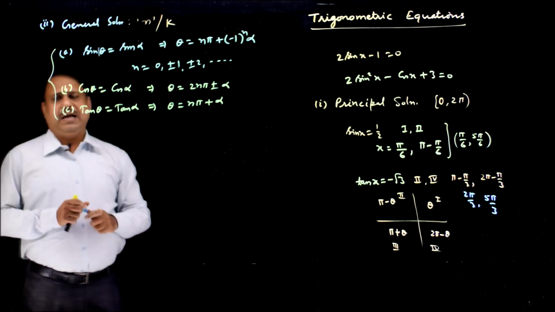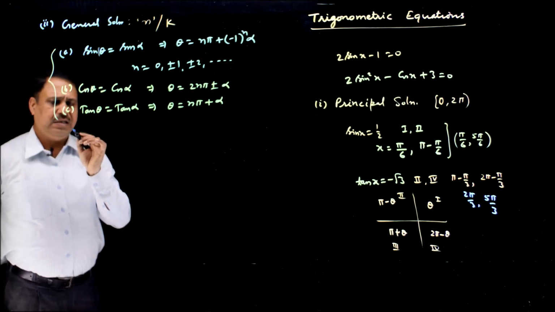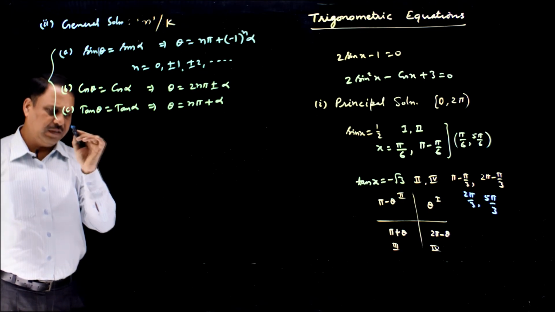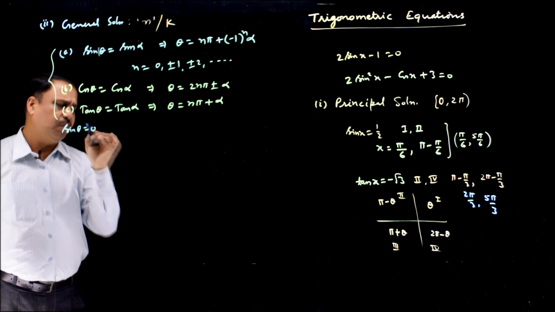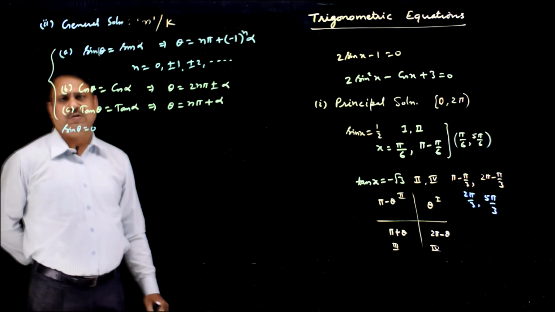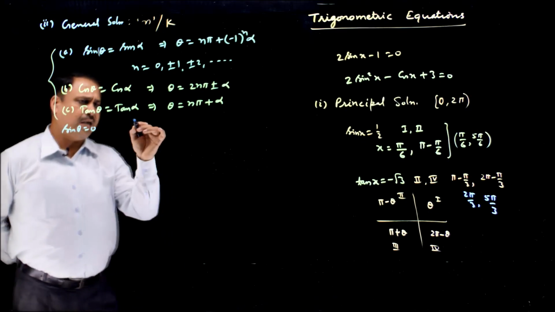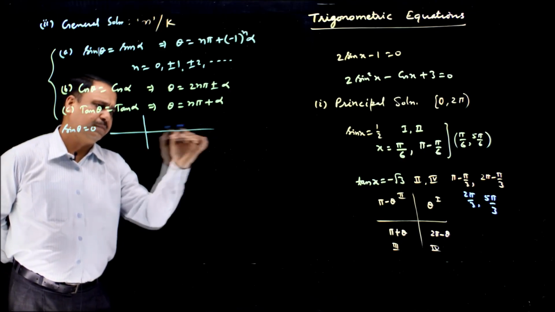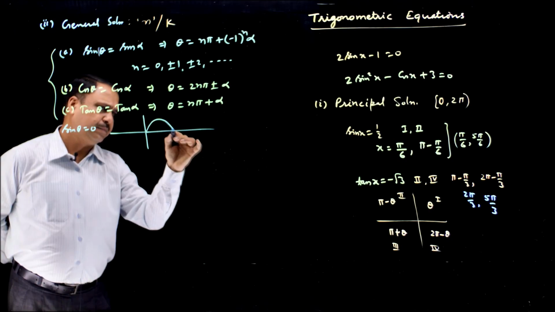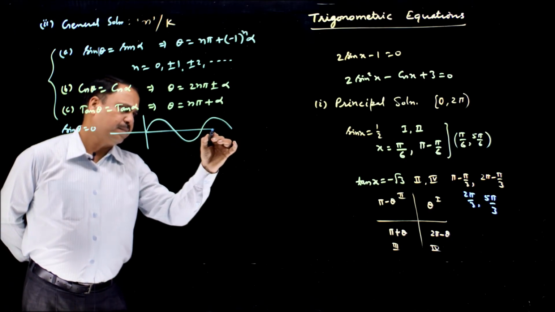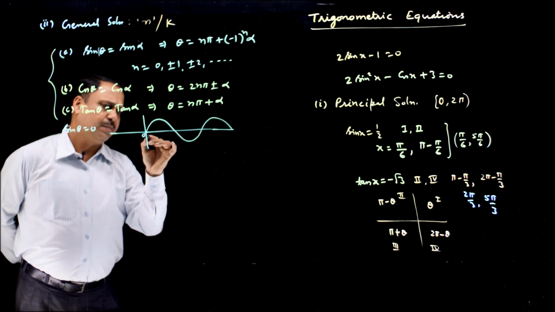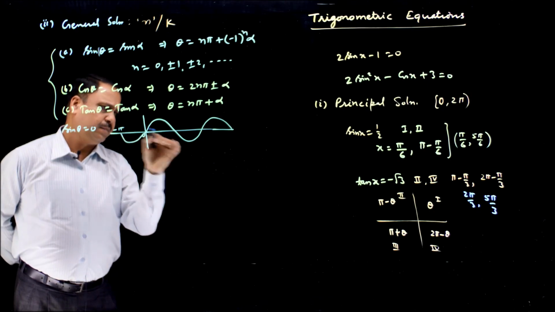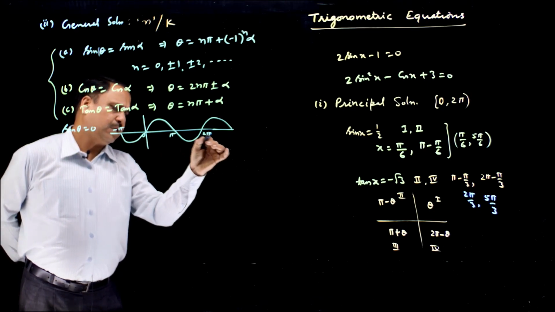How have these formulas been derived? First of all, let's see some simple thing. What happens when sin theta is equal to 0? If you see the graph of sin theta, sin theta is 0.